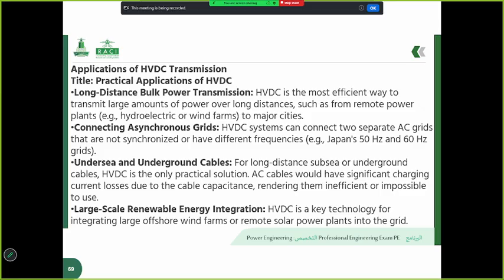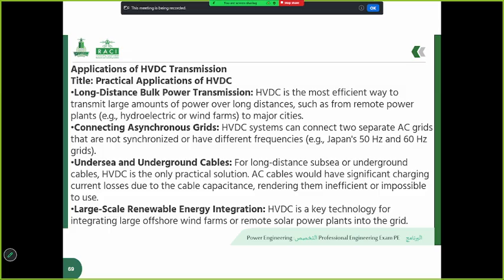An HVDC system, however, can act as a back-to-back link, converting the AC from one grid to DC and then back to AC for the other, regardless of the synchronization state. This is crucial for international grid interconnections and for systems like Japan's, which has both 50 Hz and 60 Hz grids.